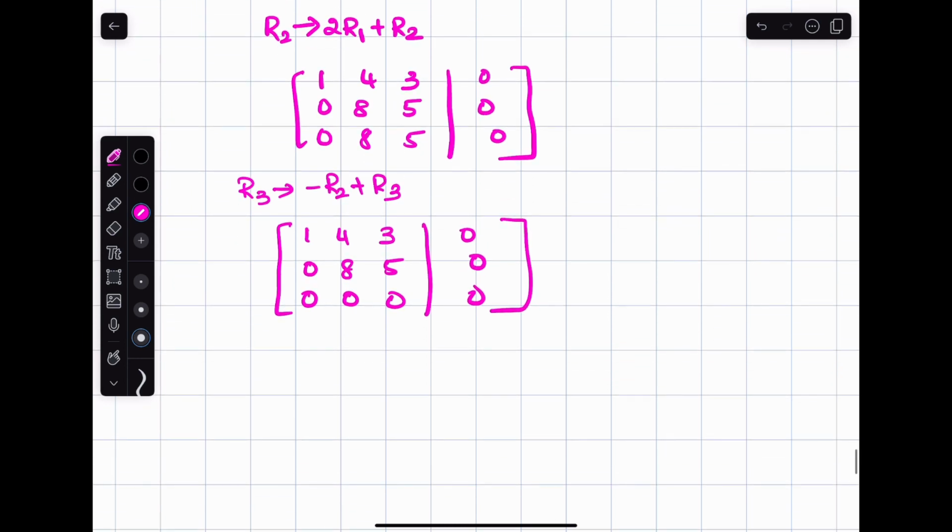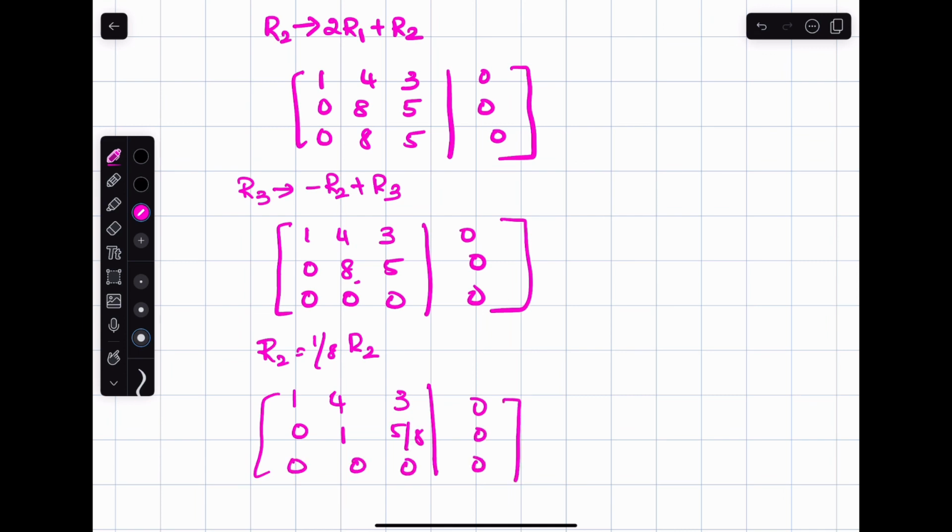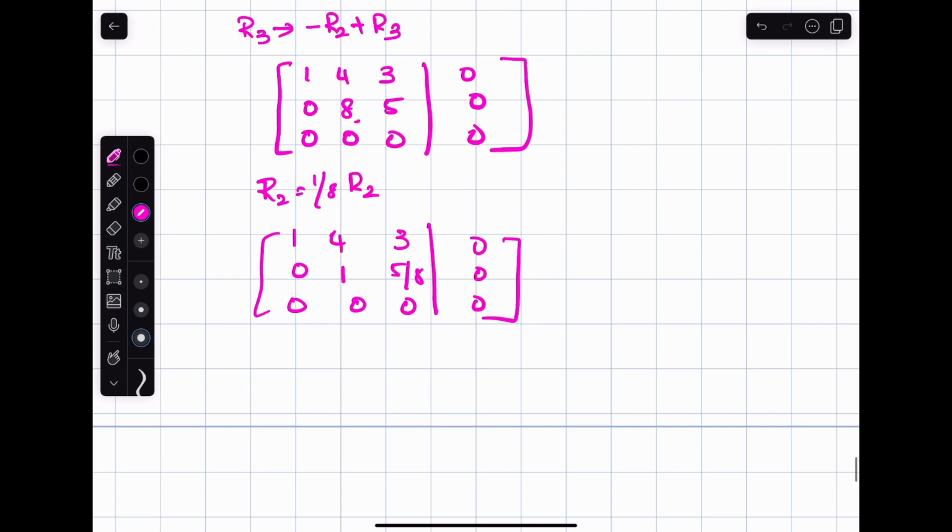Now I want to change this 8 to 1, so r2 changes to 1 by 8 times r2. So we get 1 4 3 0, 0 1 5 by 8 0, 0 0 0 0. Now I want to change this 4 to 0. Yes, I can do that: r1 changes to r1 minus 4 times r2.